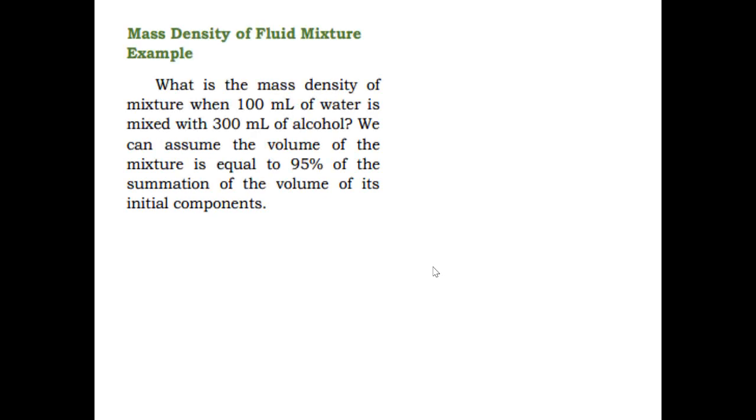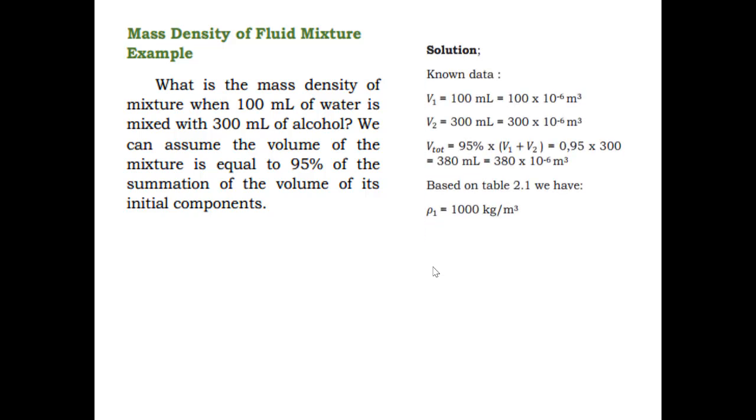What we have next? Mass density of fluid mixture example. For example, I have water 100 milliliter and mix it with 300 milliliter of alcohol. We can assume the volume of the mixture is equal to 95% of the summation of the volume of its initial components.